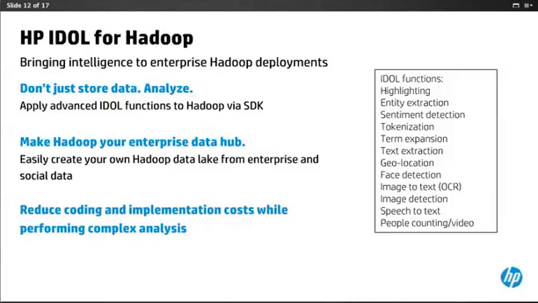What IDLE does on the Hadoop infrastructure is now uncover the analysis on a lot of the unstructured data, the things that you heard around the enhancements we have done for text, for image, for video, and for speech. By adopting this, you can actually reduce your coding and implementation costs while being able to do complex analysis with the functions that IDLE for Hadoop provides. Next slide.